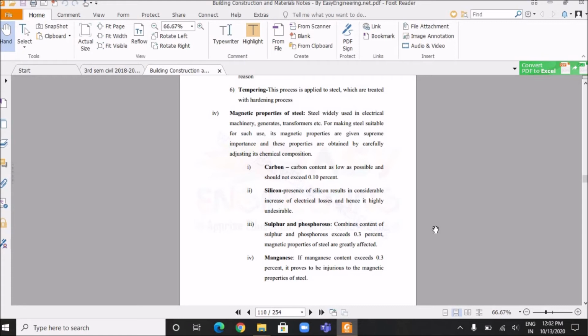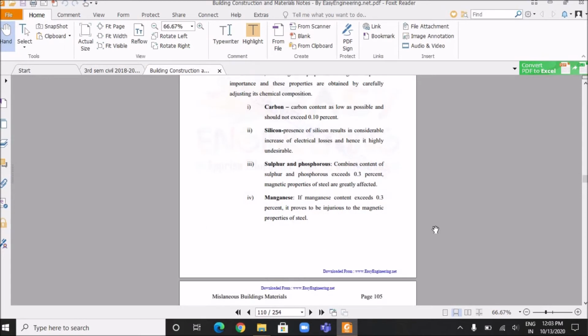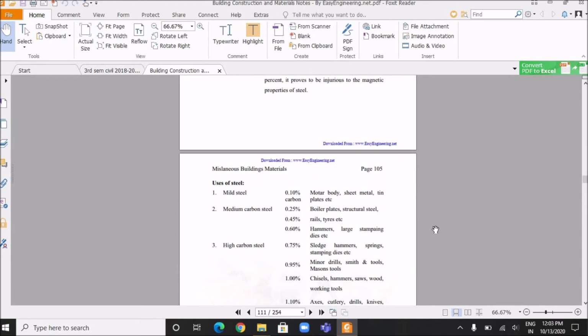Silicon: presence of silicon results in considerable increase of electrical losses, and hence it is highly undesirable. If the combined content of sulfur and phosphorus exceeds 0.3%, magnetic properties of steel are greatly affected. Manganese: if manganese content exceeds 0.3%, it proves to be injurious to magnetic properties of steel.